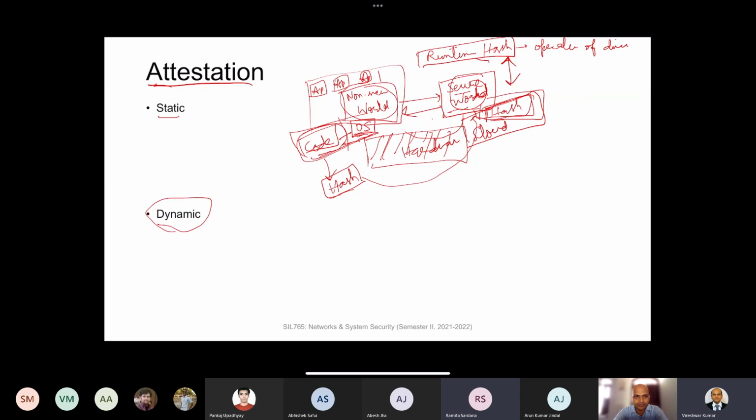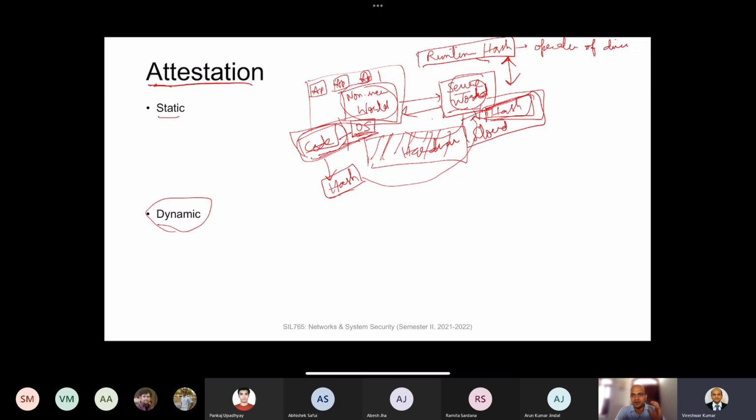Well, in case of our mobile, where the OS is not upgraded without human intervention, in that case this static attestation will work well. Yes, that is fine. If the corresponding hash of whatever operating system is stored in the secure world, it can work.